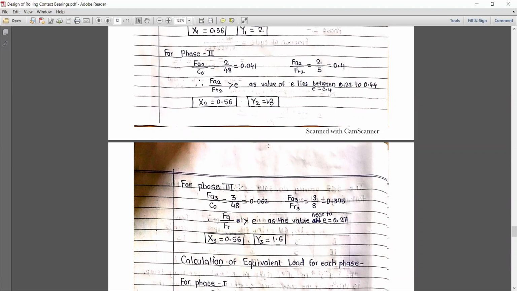The value of e lies between 0.22 and 0.44, that is 0.4. So the Fa upon Fr ratio is again greater than e. Let's see in the PSG data book, so you can understand very well.